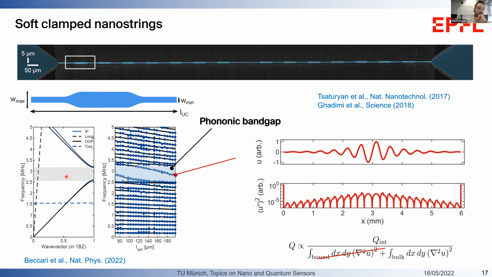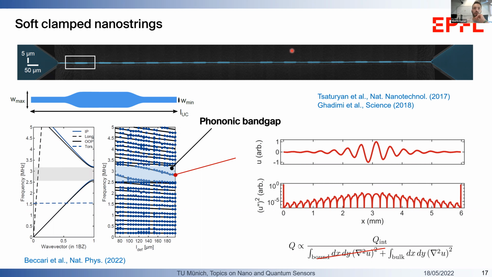You can set that very easily. And then this sequence of unit cells will reflect very strongly for these bandgap frequencies that you can create at megahertz frequencies using the periodic corrugation of width.